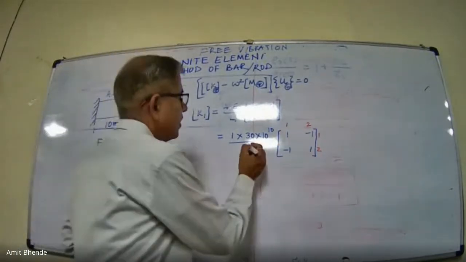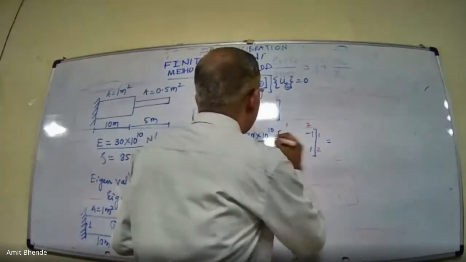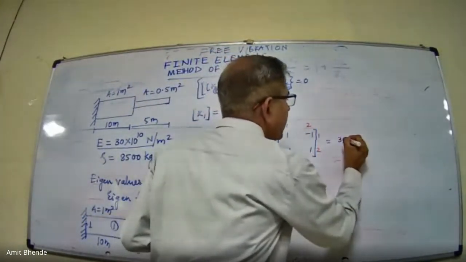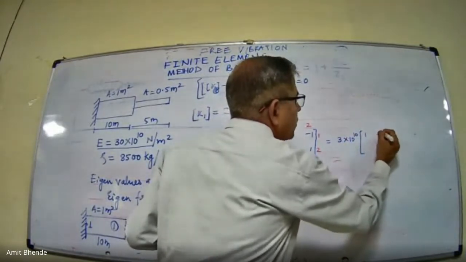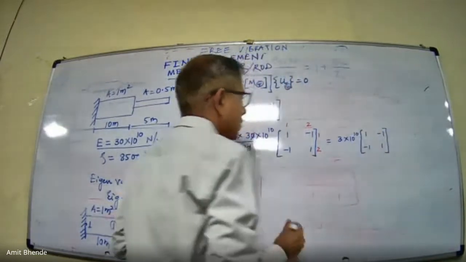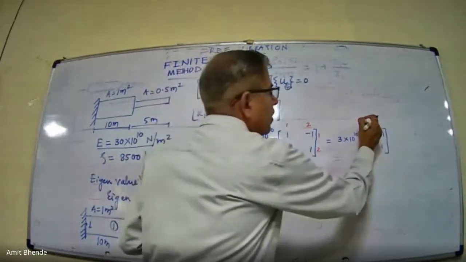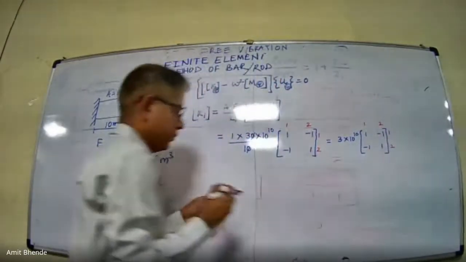Now this and this will get cancelled. So here the answer is 3 into 10 to the power 10 times [1 -1; -1 1], and this is for node number 1, 2, 1, 2.